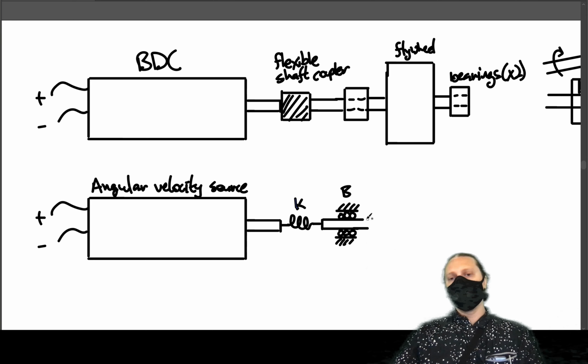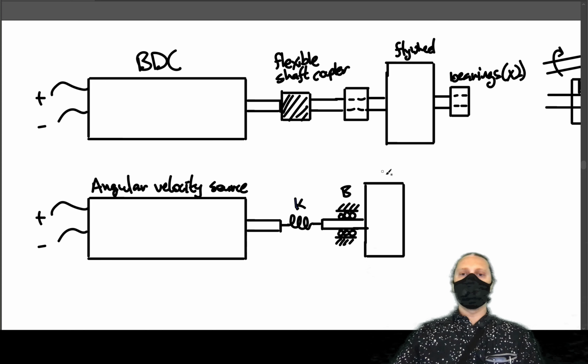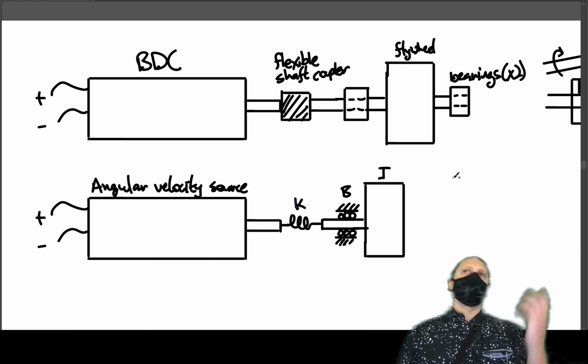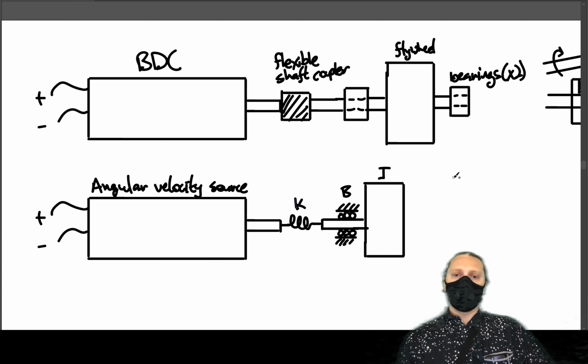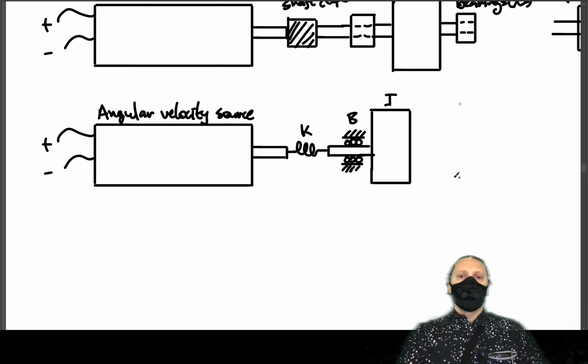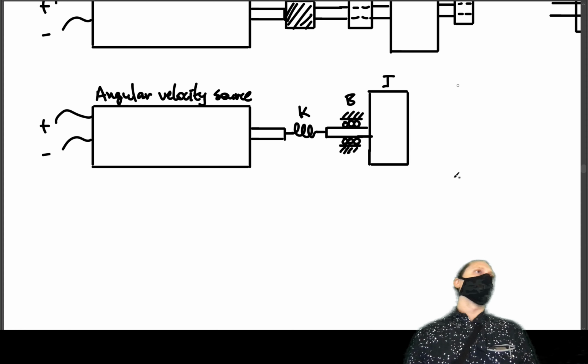Okay. All right. Now we've got our flywheel, and the flywheel is going to have moment of inertia J, and that'll be our lumped parameter model here. So now we need to draw a linear graph model.